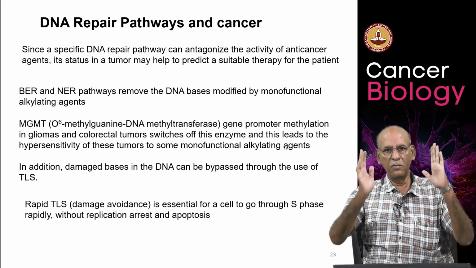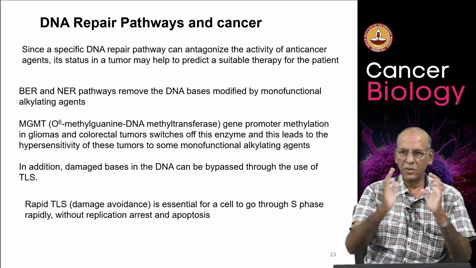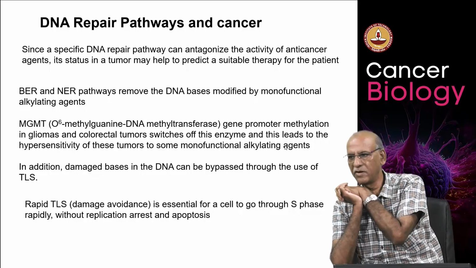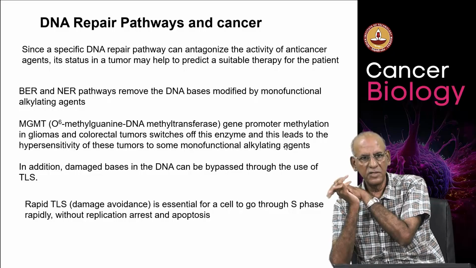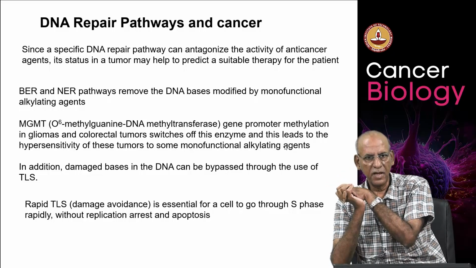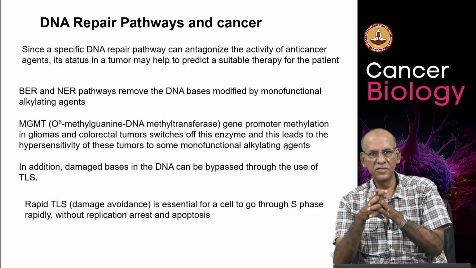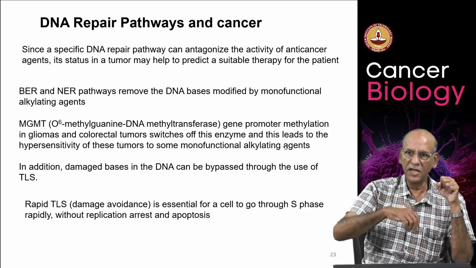Now, you take one patient in which this is expressed, and one patient in which this is not expressed. Who can be better treated with an alkylating agent? The one in which it is absent. That is because this acts in opposition to alkylating agents. Alkylating agents also methylate.